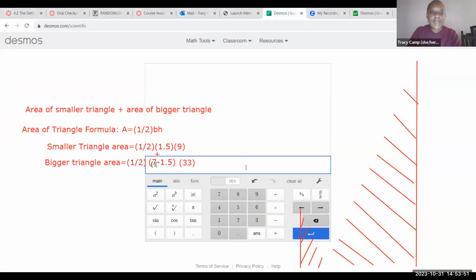So I have 1/2 times 1.5 times 9 plus, I can't tell if I'm entering this correctly, but hopefully I am, 1/2 times 7 minus 1.5 times 33. I got 97.5. Let's see if that's correct.